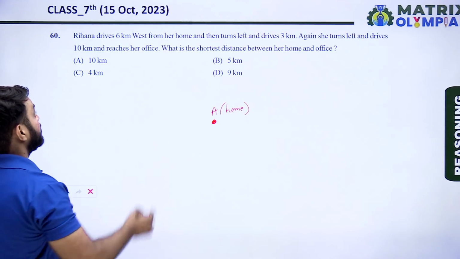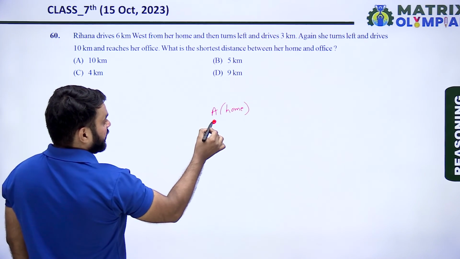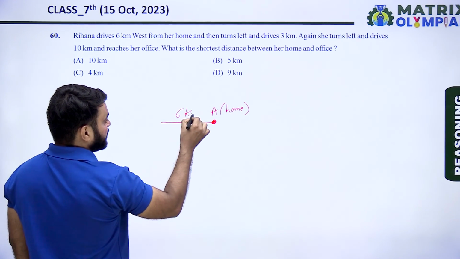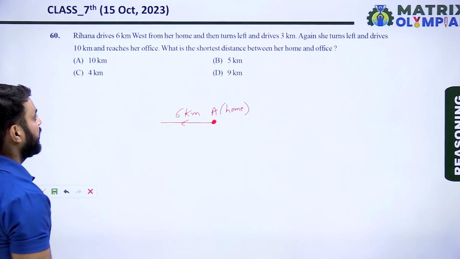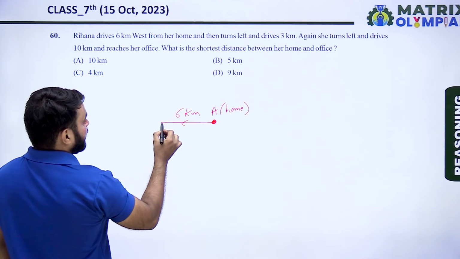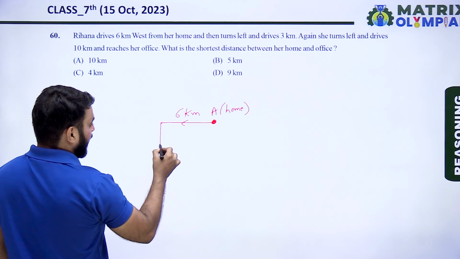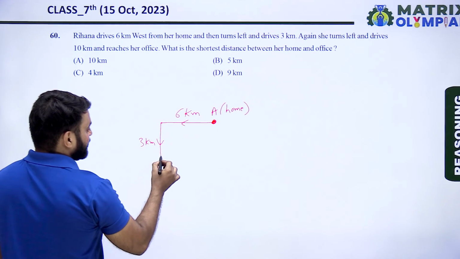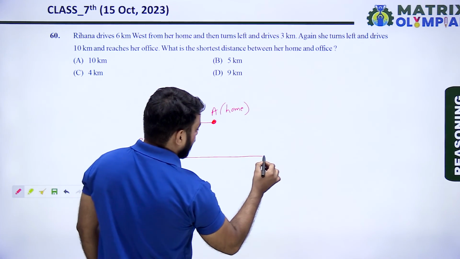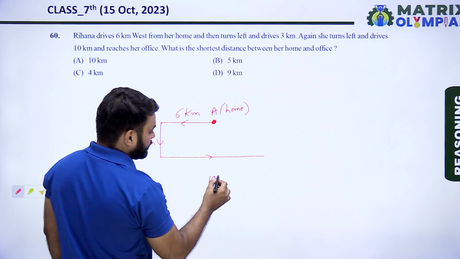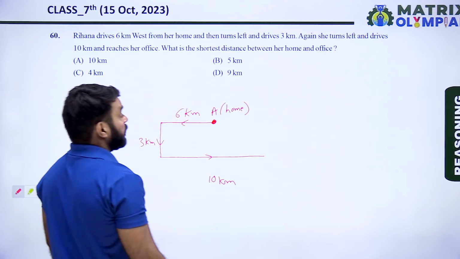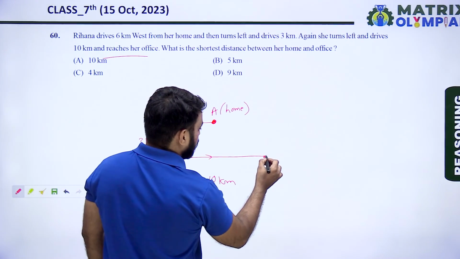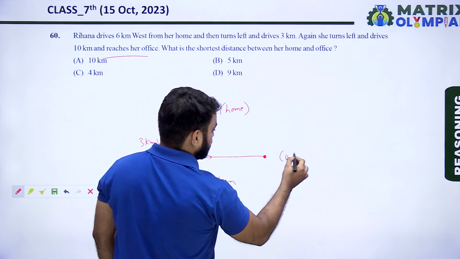So Rihanna goes 6 km in the west, and then takes a left turn and goes 3 km. Again, she turns left and goes 10 kilometers and reaches her office.